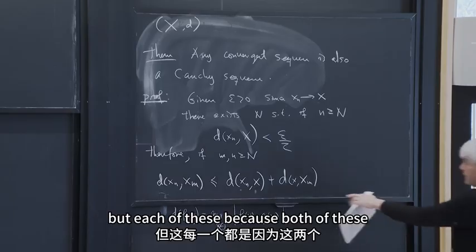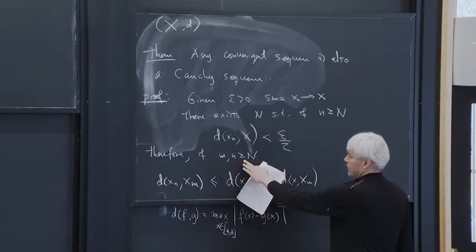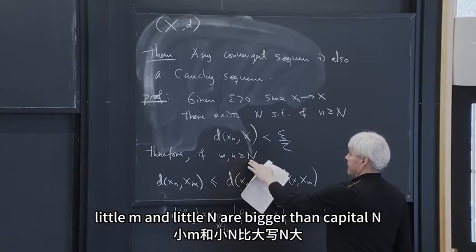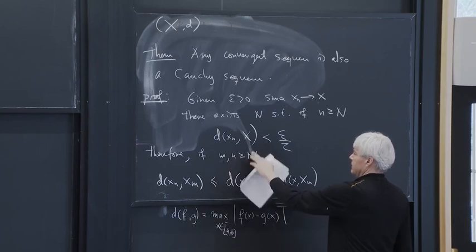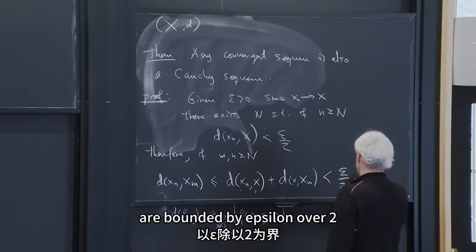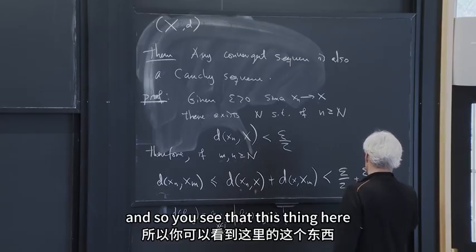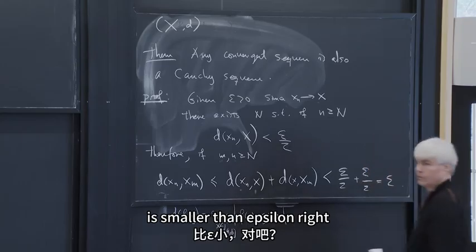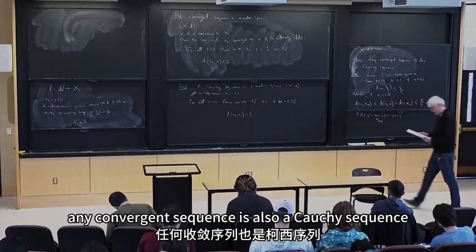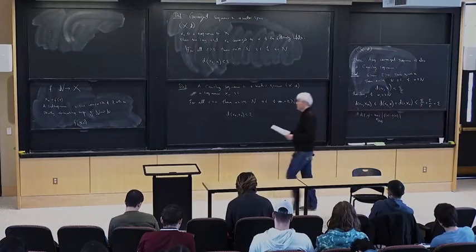But because both little n and little m are bigger than capital N, both of these distances are bounded by epsilon over 2. And so you see that this thing here is smaller than epsilon, right? So this proved that in a metric space, any convergent sequence is also a Cauchy sequence.